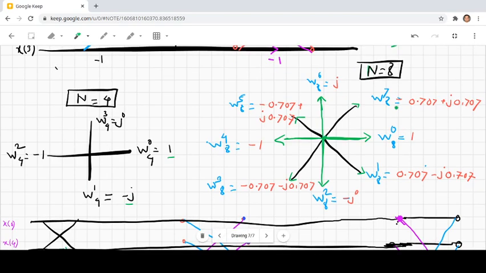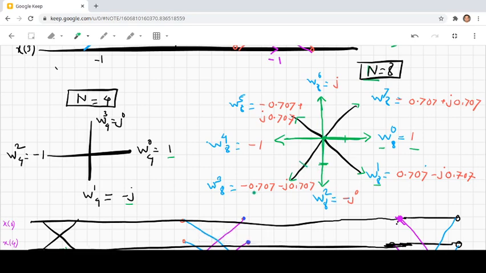And the 4 twiddle factor values you have to remember for N equal to 8 are W raised to 0, that is 1, and W raised to 1. Here the real axis is positive, imaginary axis is negative, so W raised to 1 is 0.707 minus j 0.707. W raised to 2, imaginary axis negative, is minus j, real axis 0.